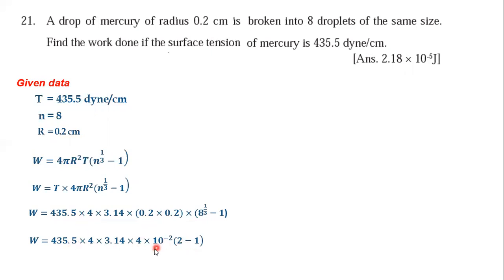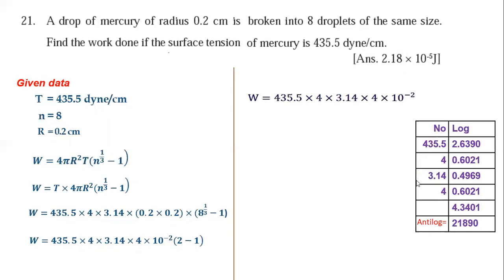So after doing this calculation, 0.2 into 0.2 is 4 into 10 raised to minus 2. This calculation we can solve by log. So you can see log of 435.5 plus log of 4 plus log of 3.14 plus log of 4, which is coming 21890, and this 10 raised to minus 2 as it is. So we write it in standard form, or we write by cancelling this 10 raised to minus 2.